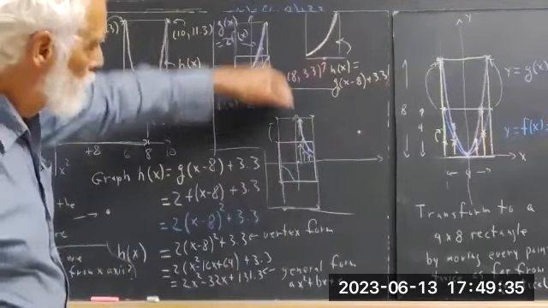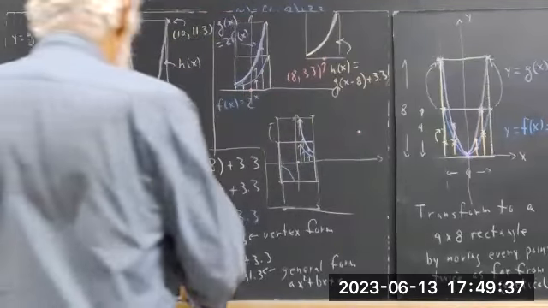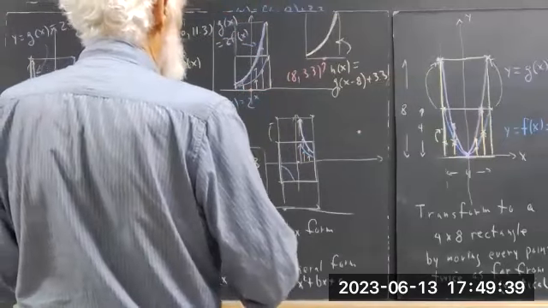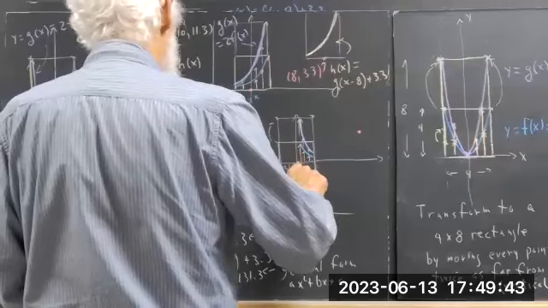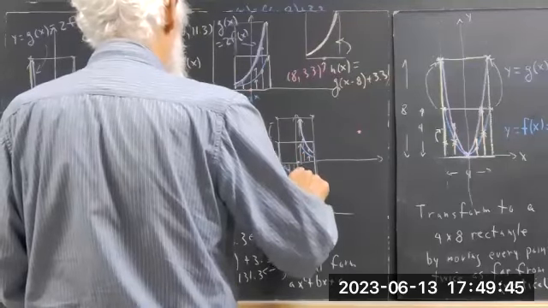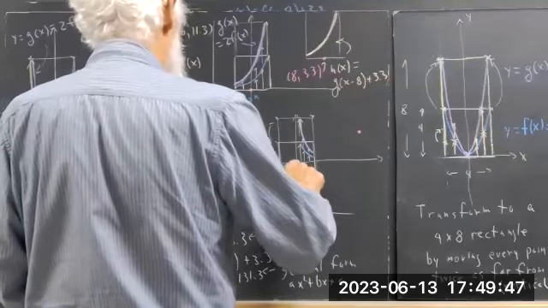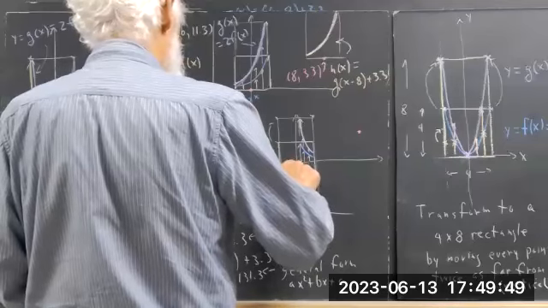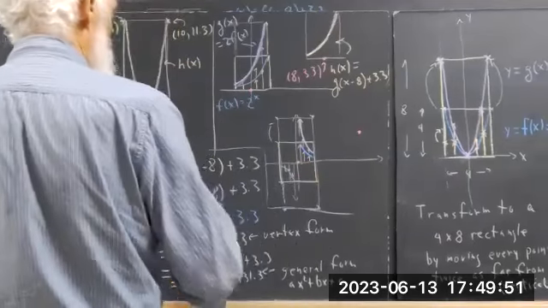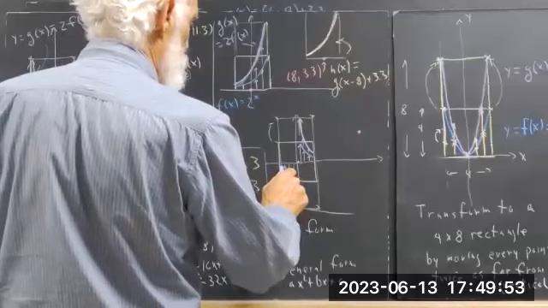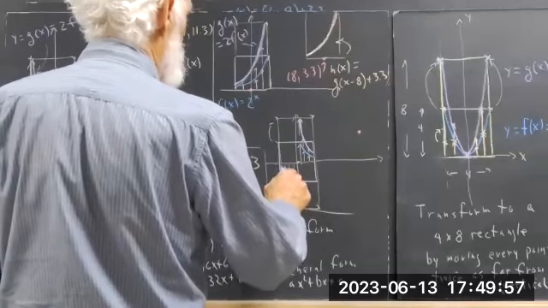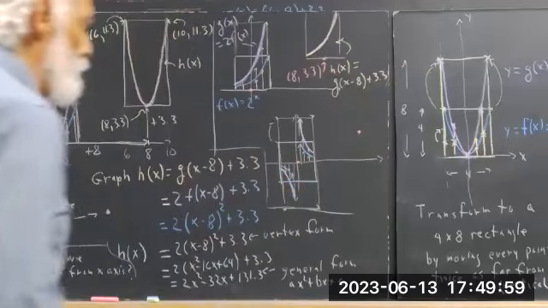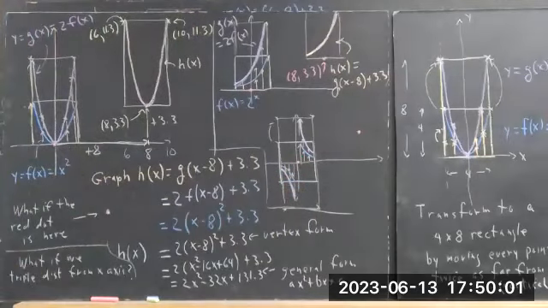It gets stretched out. Points down here are below the x-axis, so they're going to move accordingly. You can be more careful with the graph of this, but there's what we have.